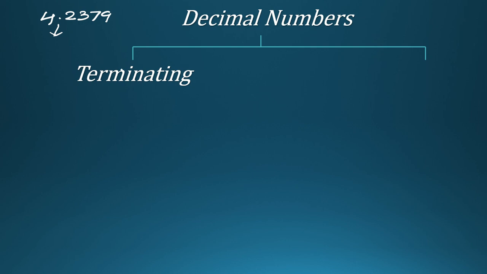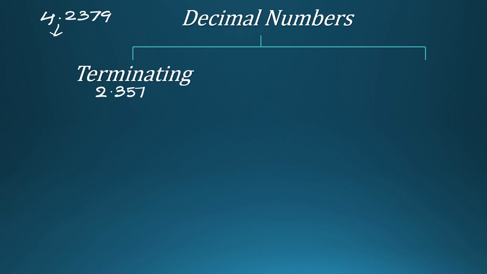Terminating decimal means the decimal places terminate after a few places. For example, 2.357, nothing after 7. It is a terminating decimal because after the decimal point we have 1, 2 and 3 decimal places. If you can count the number of decimal places after the decimal point, it is called a terminating decimal.